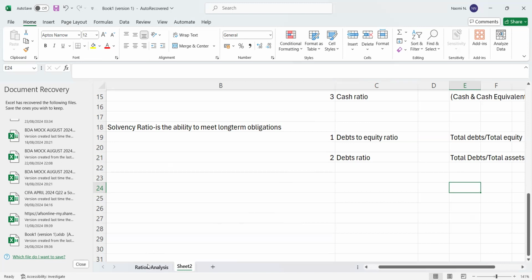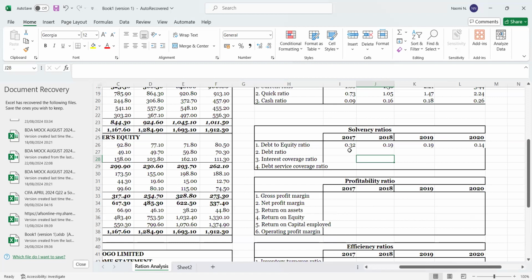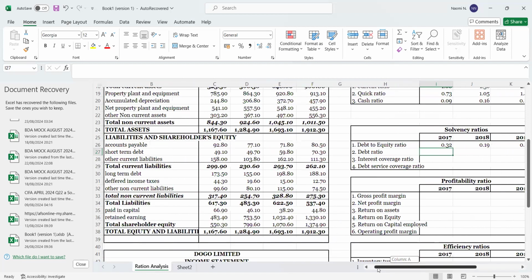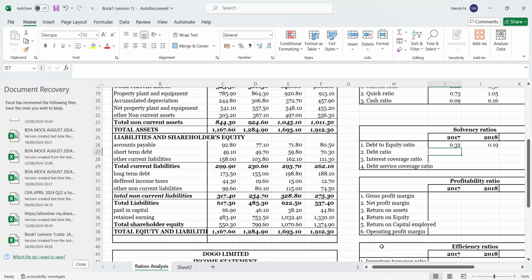So in calculations, we say debt to equity ratio. So we come here and please remember that the solvency ratio assesses the company's long-term financial stability. And that is why in my calculation, I'm more interested in long-term debts.